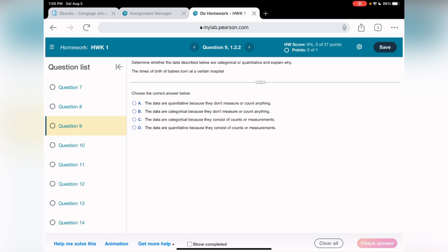Let me bring an example. For quantitative data, let's say we are comparing the height of sports teams. It's going to be quantitative data because the height we can compare, we can count, how many feet and how many inches. So how about categorical?